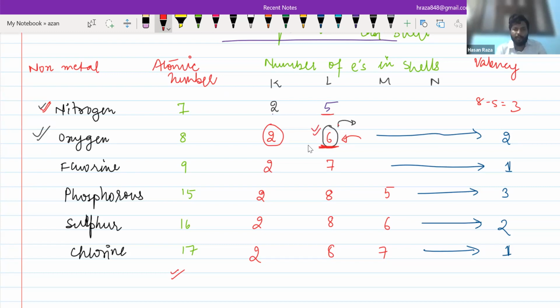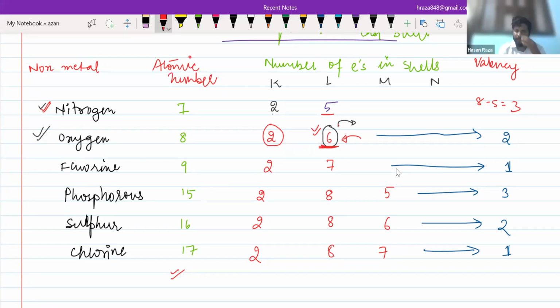Are you getting my point? So can you tell me what will be easy for oxygen, to gain 2 electrons or to lose 6 electrons? Sir, to gain 2 electrons. To gain 2 electrons.